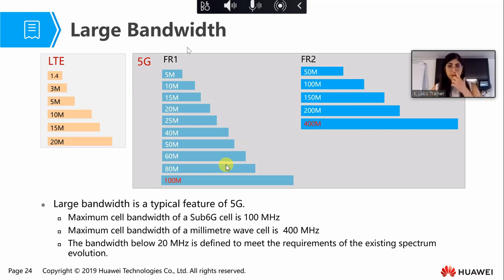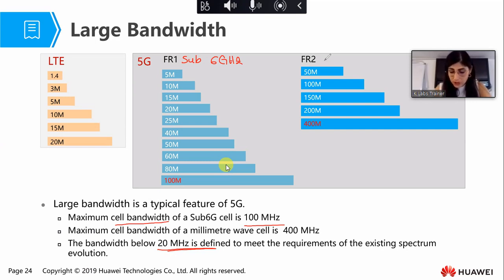While in 5G, with FR1, if we are using frequencies, basically the sub 6 gigahertz band, we can have 5, 10, 15, 20, but also 25, 40, 50, 60, 80, and 100 megahertz of bandwidth to use for our 5G application. So the cell bandwidth can be 100 megahertz in FR1, and the bandwidths below 20 megahertz are defined just to meet the requirement of the existing spectrum.